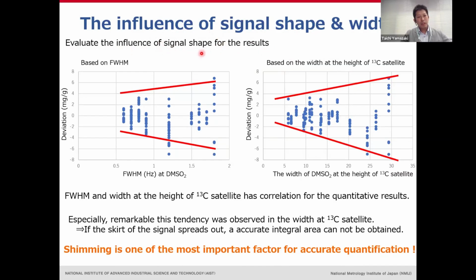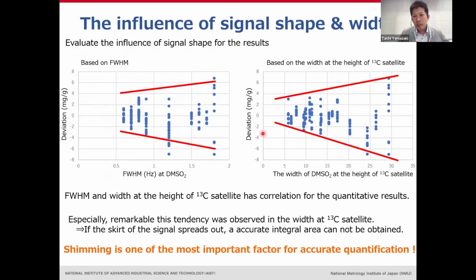Signal shape is influenced by the condition of the magnet. The left side is based on FWHM, the full width at half maximum, which is the width of the signal at half the height of the signal.